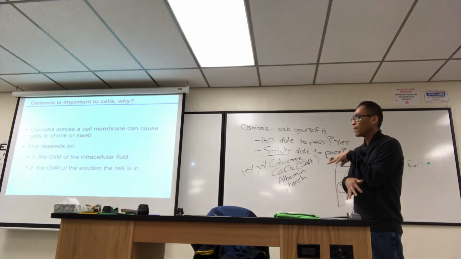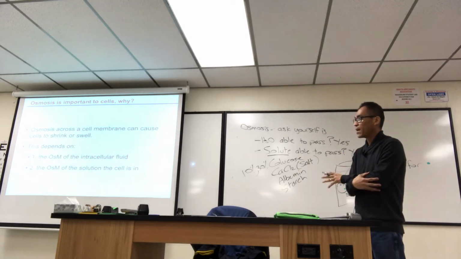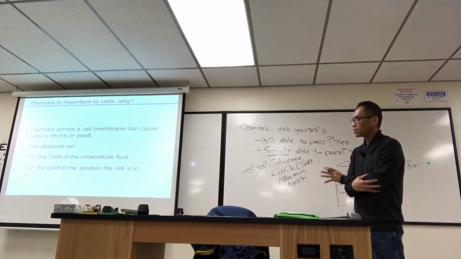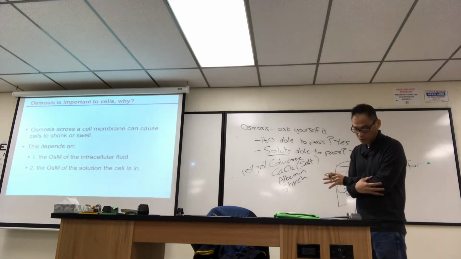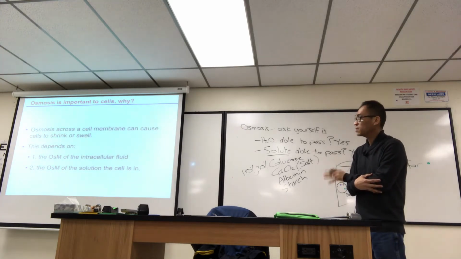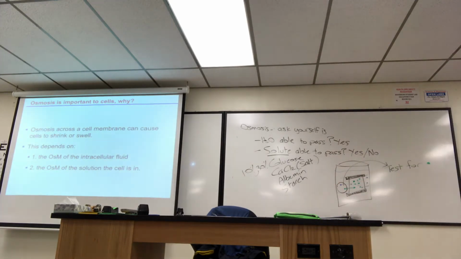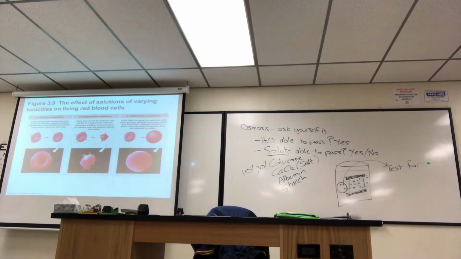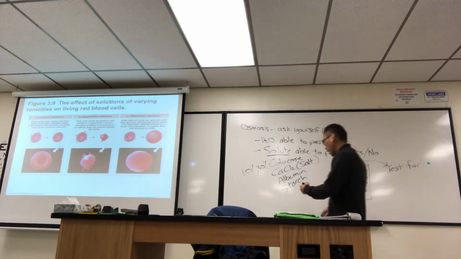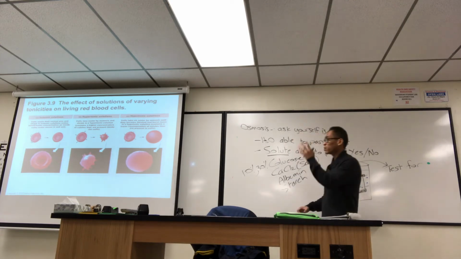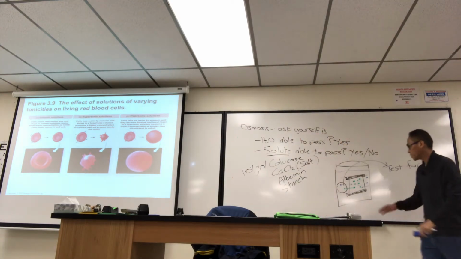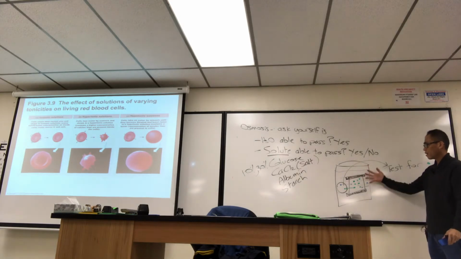So you want to maintain it, and it depends on the osmolarity of the intracellular fluid versus the osmolarity of the solution the cell is in. You have a figure in your book which illustrates the conditions you can have for a given cell. In our lab we simulate the cell with our dialysis tubing.